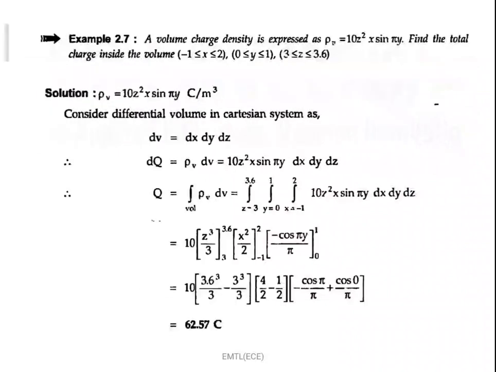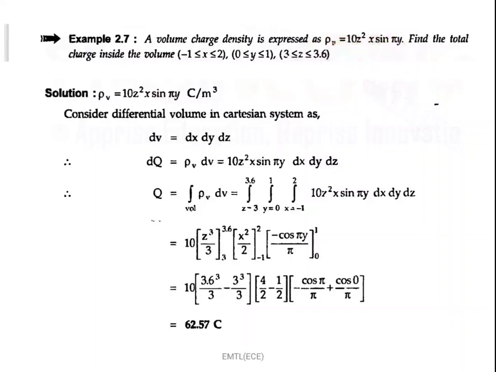The next problem is an example of volume charge distribution. A volume charge density is expressed as rho v is equal to 10 z square x sine pi y.